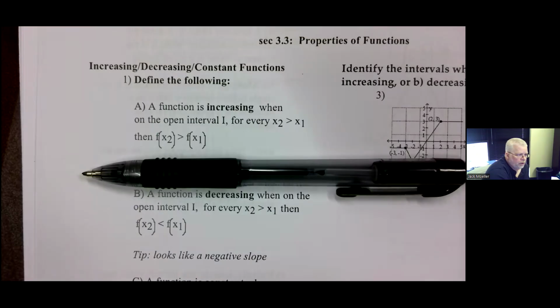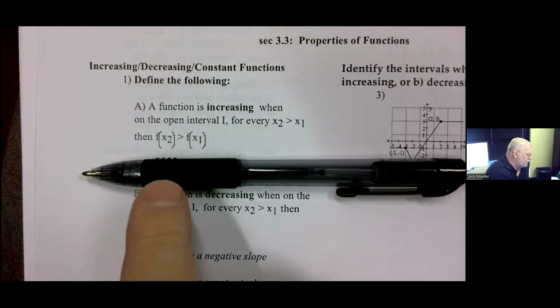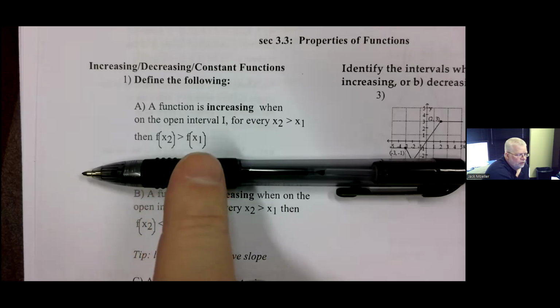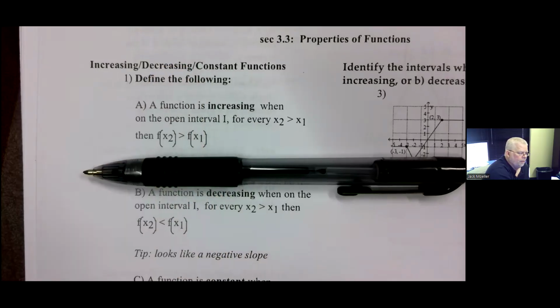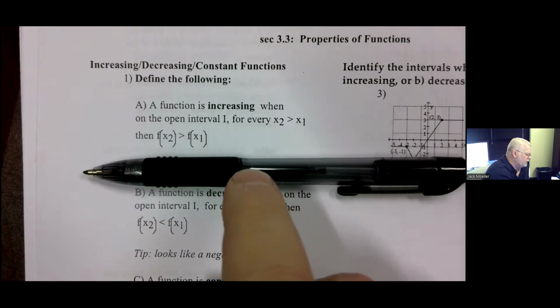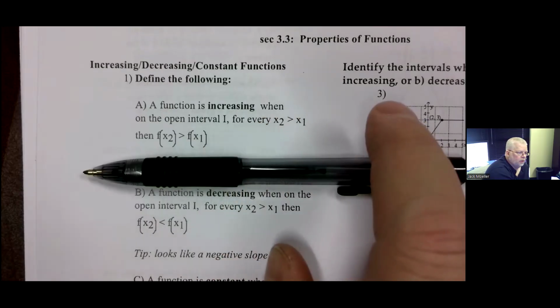With our function notation, remember f of x is the same thing as y. So we could also say that y2 is greater than y1. On a graph, if your second y is larger than your first y, what direction are you going? You're going up. So what this is saying is as we go to the right, we're going up.